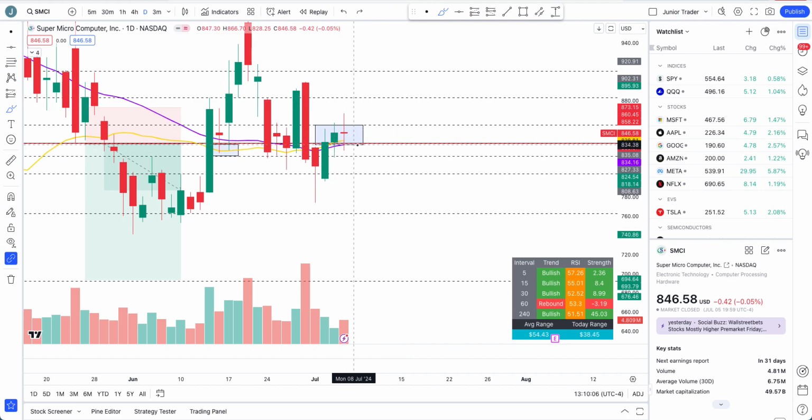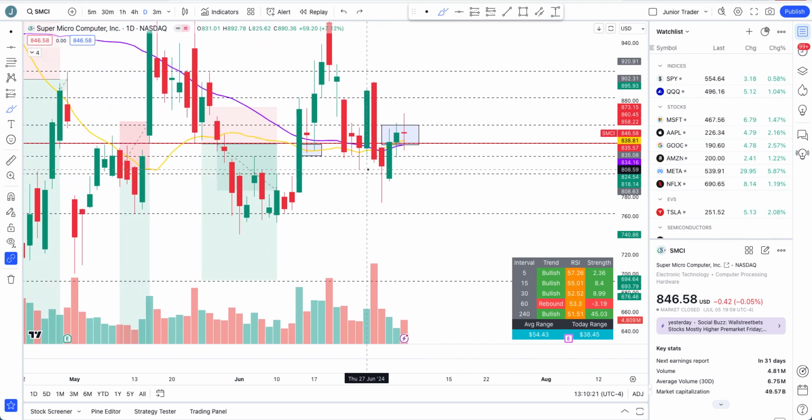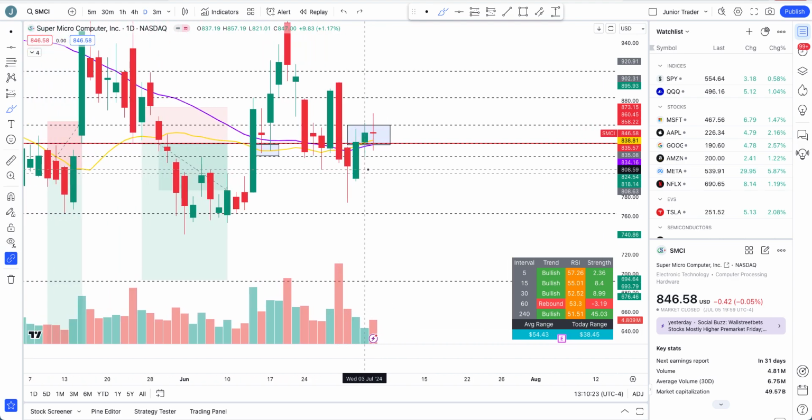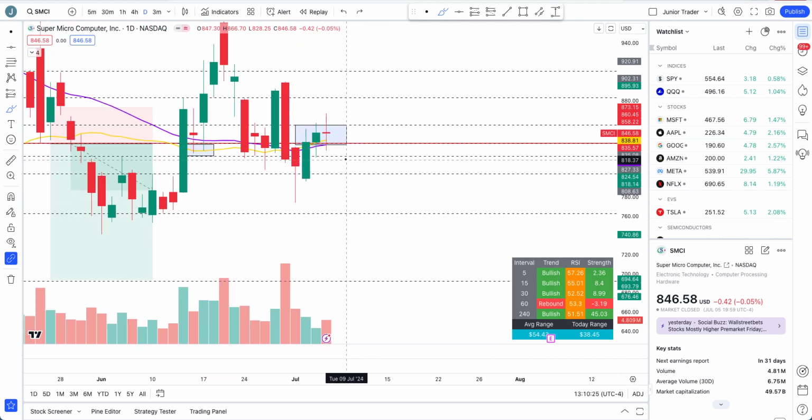Otherwise, if we can't form a pivot, intraday short can turn into swing short as well. This thing has to be traded intraday for coming days, in my opinion. Right now, we don't have a swing confirmation on this. We need to see a pivot hold. We don't have that confirmation right now.